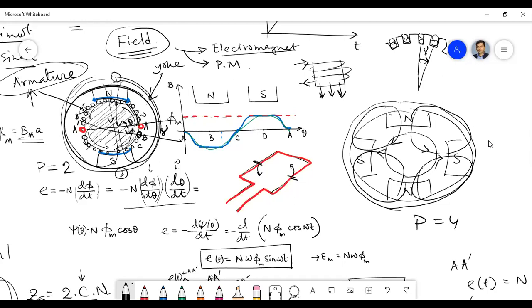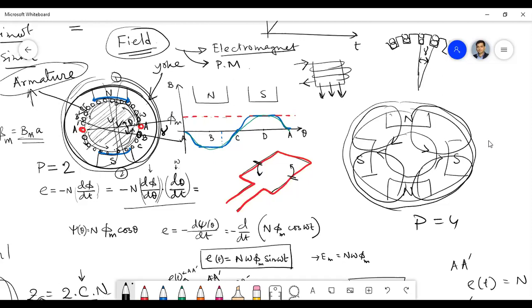The armature is a current carrying conductor, but since it carries current, it will also create a magnetic field. Then which one should I call the field, and which one the armature? The machine will have two coils, one will be called the field coil, another will be called the armature coil. So which will be identified as a field coil and which as the armature coil? Are you getting this point?